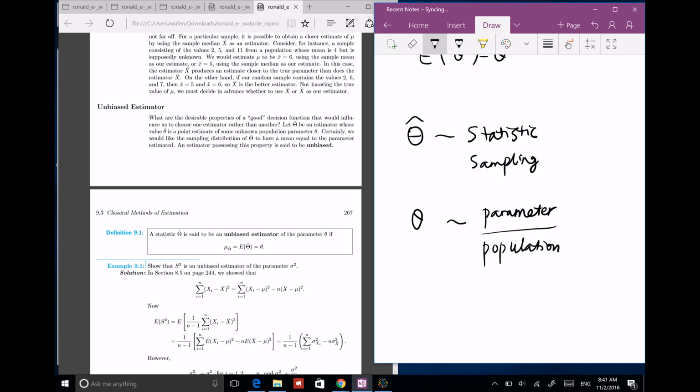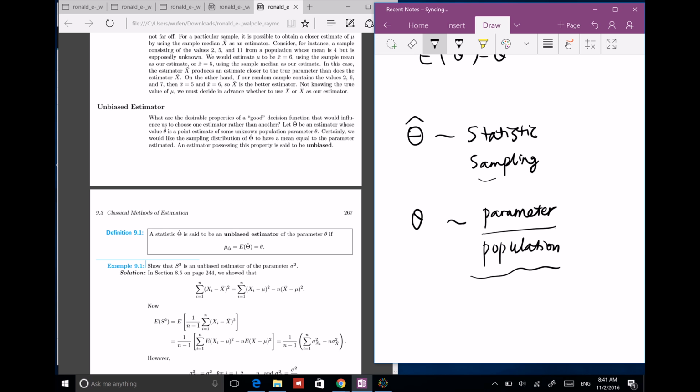You gather all the information together and find one number, which is the parameter, for everything.